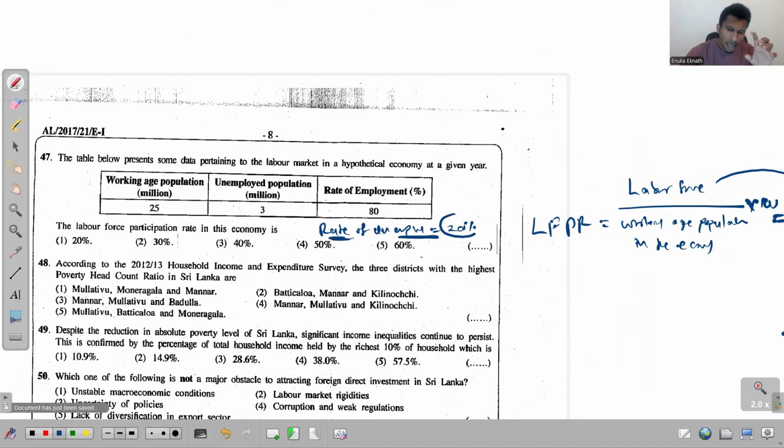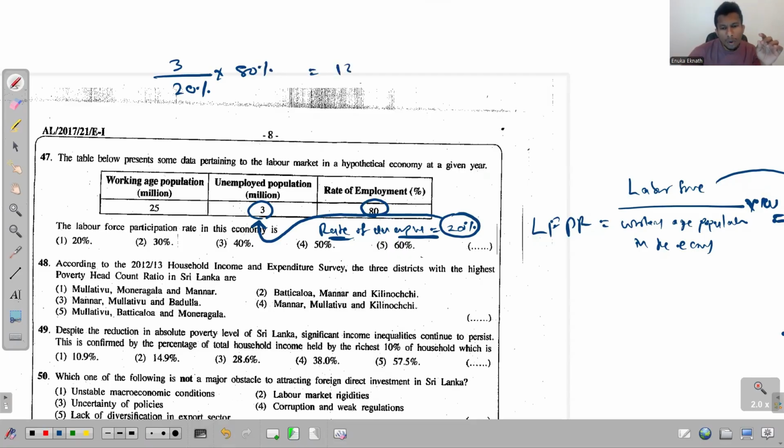As a percentage, that's 20. මිනිස්සු 100ක් හිටියොත් 20% unemployed. එතකොට ඒ 20% කියන that whatever the percentage really represents only 3 million people as per the data given. එහෙනම් if 20% represent 3 million people, this employed 80% should represent how many people? We should have 12 million people under employed category.